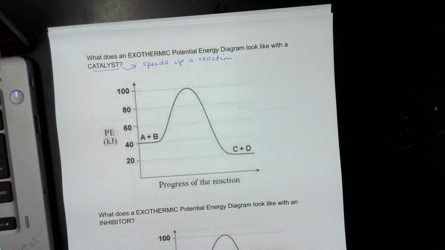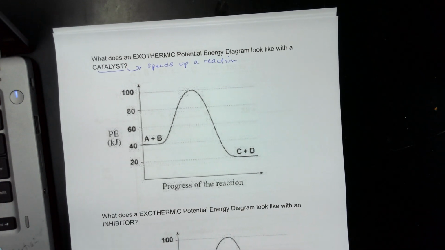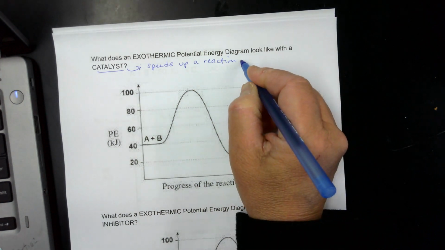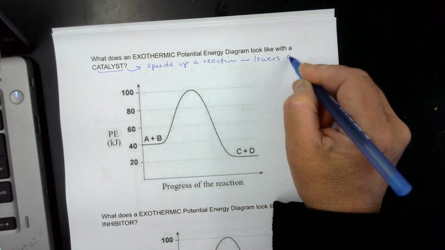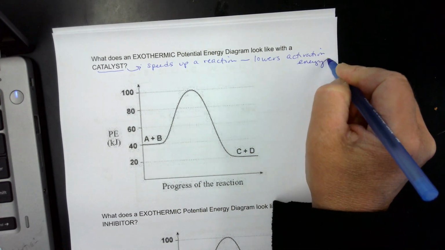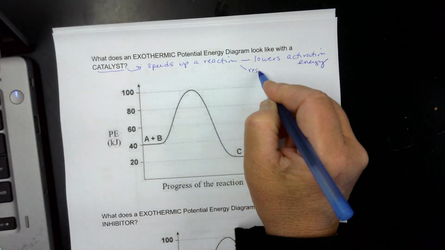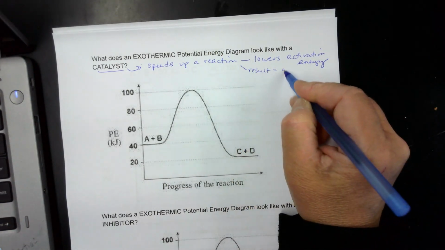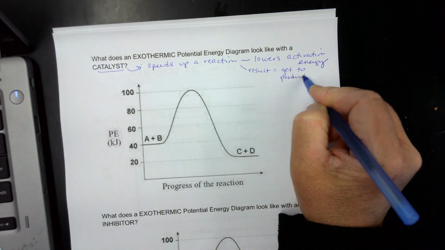It doesn't get consumed or used up. It's able to be used over and over again. The way that it does it is that it lowers the activation energy, and what that means is that you get to the product sooner.